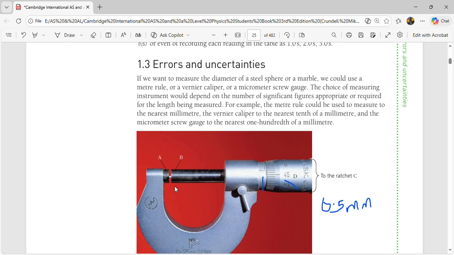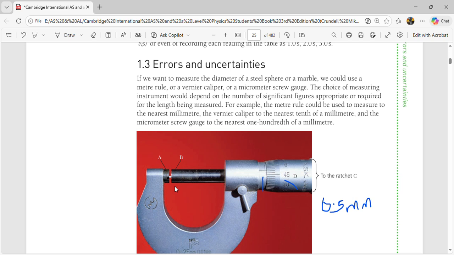And scientifically sometimes when we are measuring parameters, we need to know the number of significant figures that we need for that measured value, for that length that is being measured.